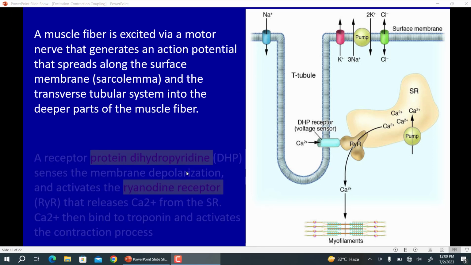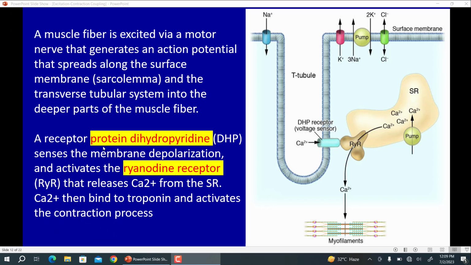In the T-tubules there is a receptor protein, dihydropyridine, which is called DHP. Here in the T-tubule we have a protein receptor called dihydropyridine. The membrane is depolarized by the action potential, and this depolarization spreads along the T-tubule.